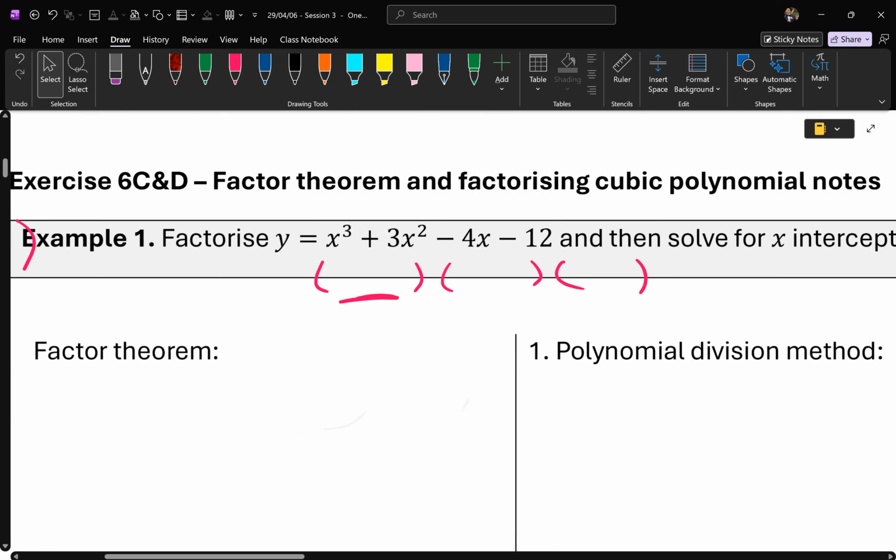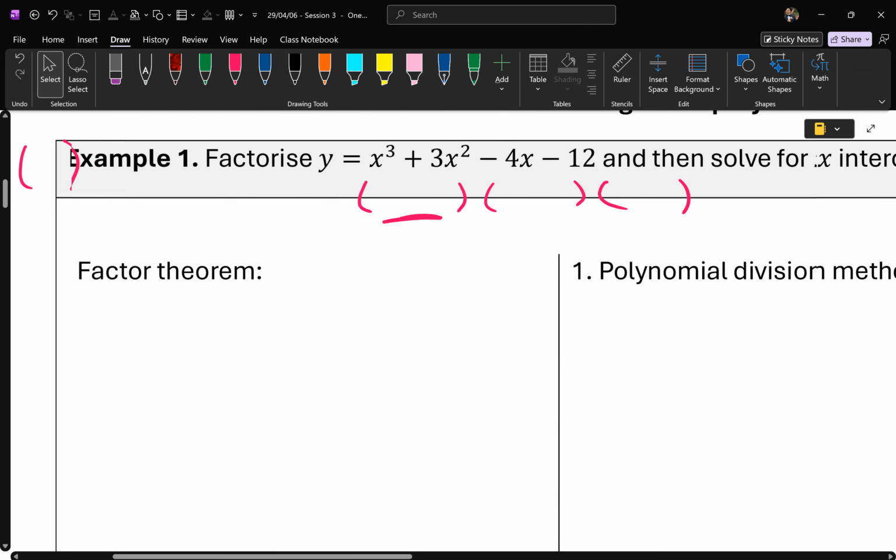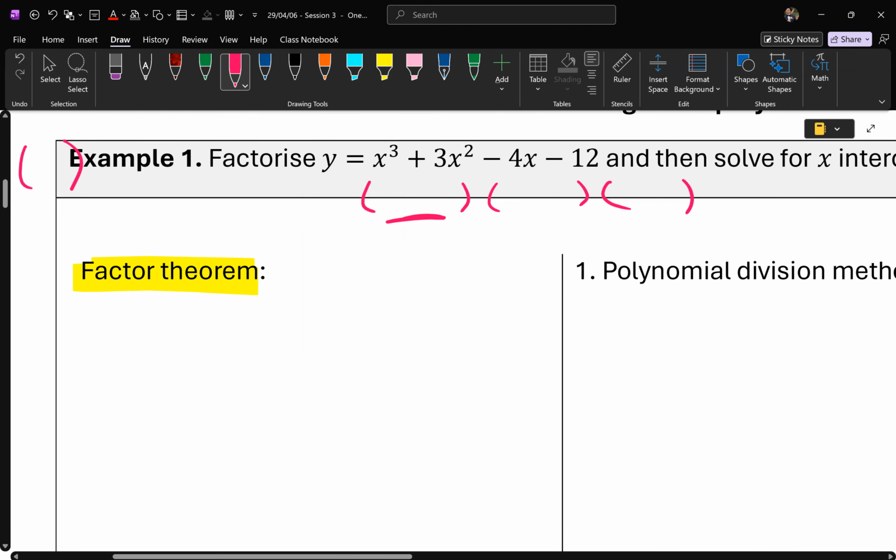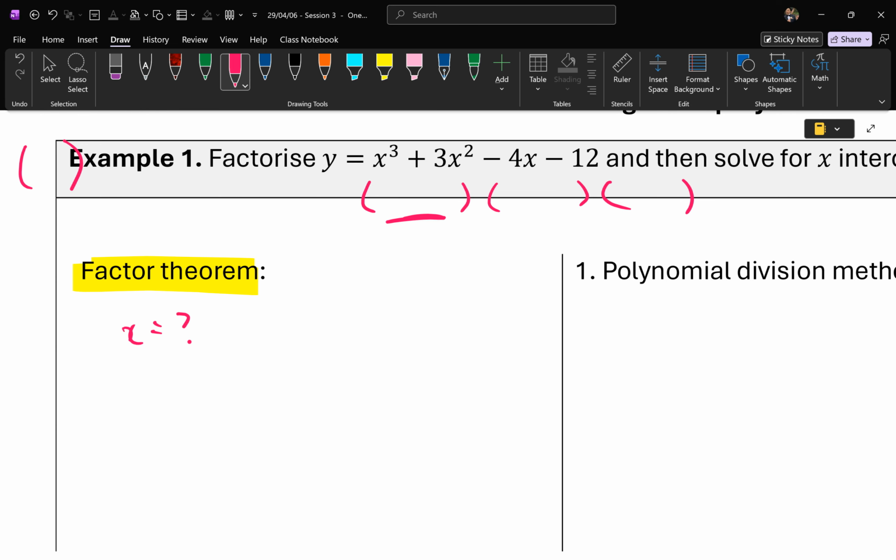And this is how it works. The factor theorem says if you can sub in a number, whichever number, into this equation and it equals 0, it's a factor. In a nutshell. What I mean by that is something like, say, 12. What are factors of 12?